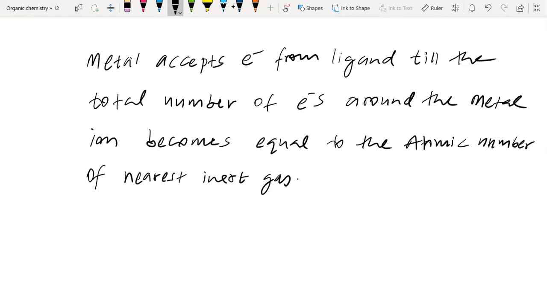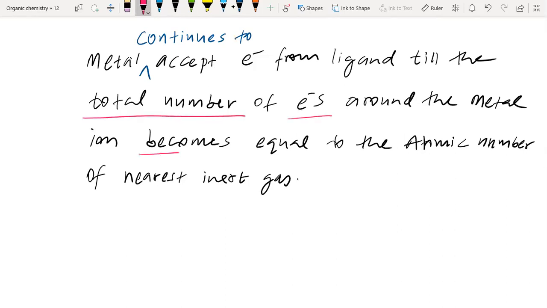We'll see if there is some mistake in the statement. Here, actually, I'll correct it: the metal continues to accept electrons from ligand till the total number of electrons around the metal ion becomes equal to the atomic number of the nearest inert gas.